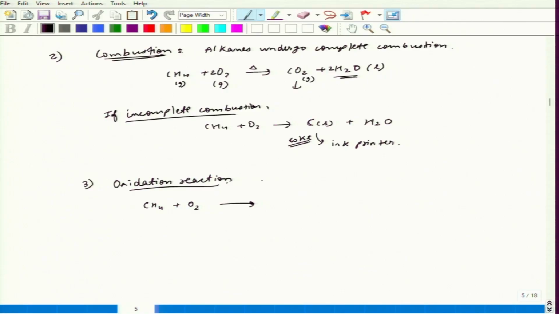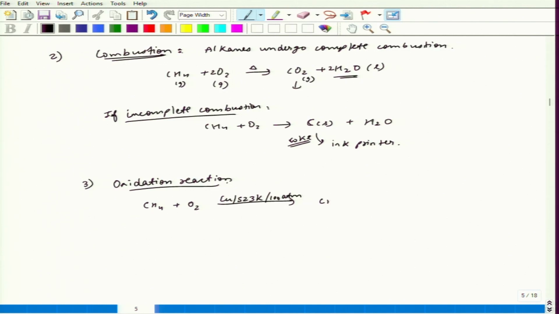So, what is different in the oxidation process? Though combustion is also a kind of oxidation reaction, here we do the oxidation reaction in presence of some catalyst. For example, let us suppose we are taking some copper catalyst, at high temperature and high pressure, let us say 100 atmosphere.